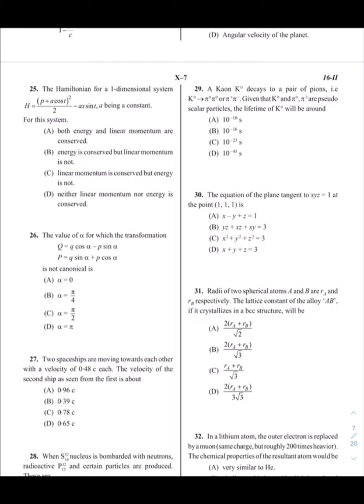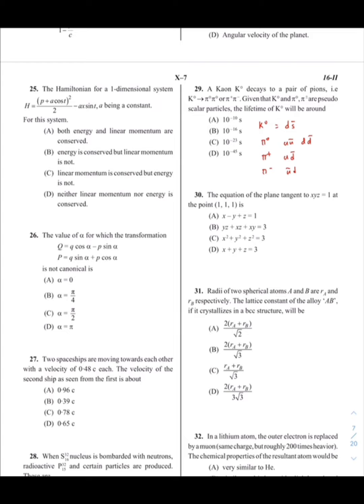Problem 29. A kaon K0 decays to a pair of pions. Given that K0, pi 0 and pi plus minus are pseudo scalar particles, the lifetime of kaon will be around this. So we observe that the quark content of K0 is d s bar, and pi 0 is u u bar and d d bar, pi plus is u d bar and pi minus is u bar d.